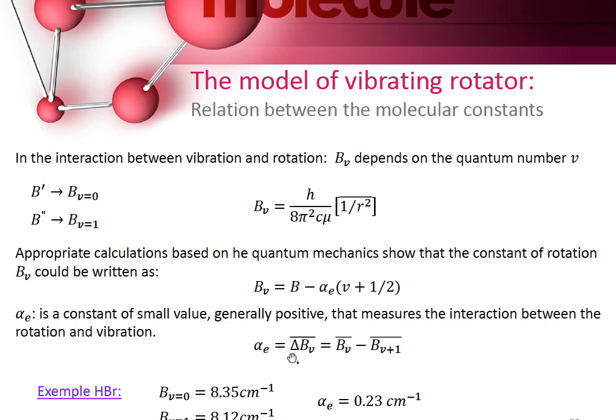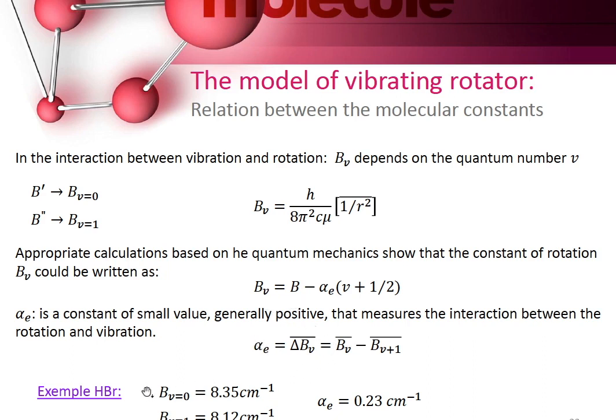What matters to us is more like V plus 1 and V. So alpha, which is a constant of a small value, measures the interaction between the rotation and vibration. If we take delta B, we will get alpha.